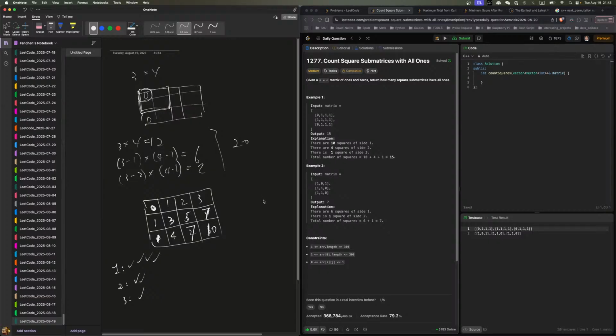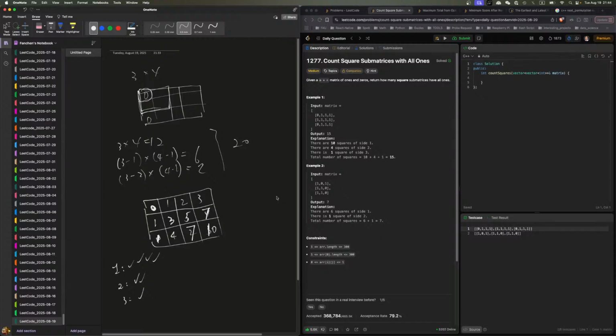Technically, at each position we can go 300 times, but in reality it's not going to happen, because once on one side we go beyond, then that's it.